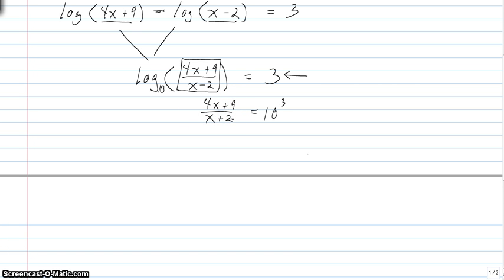That step of transforming into exponential form is really just making use of the definition of what a logarithm is. And now we're off and running and just solving for x. So I'm going to eliminate the denominator, x plus 2.